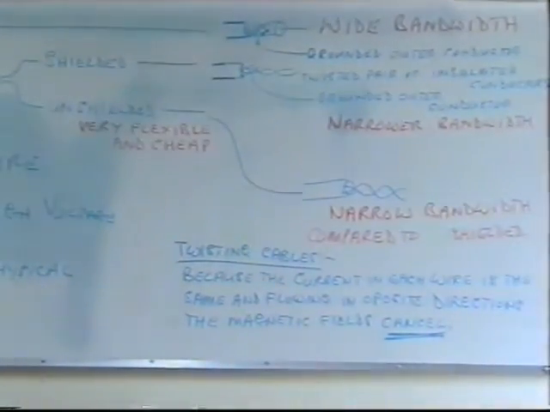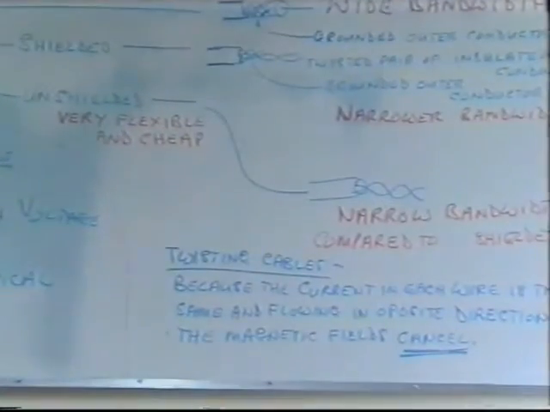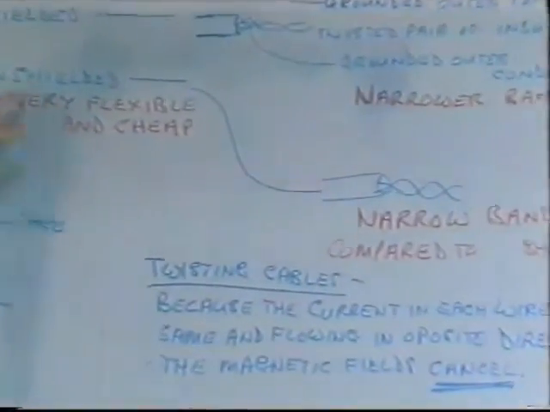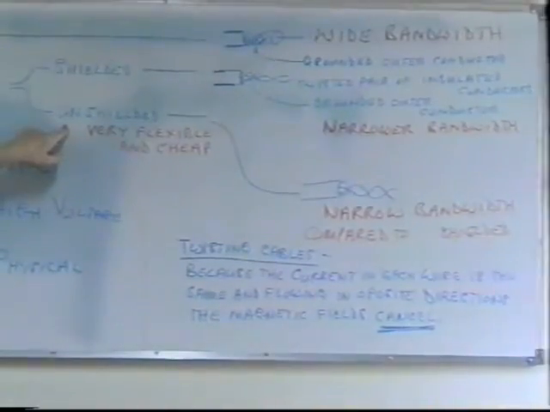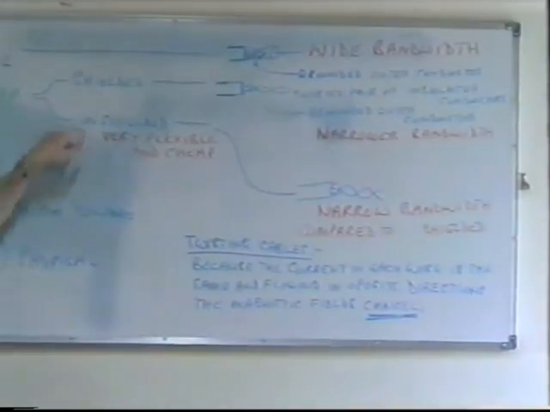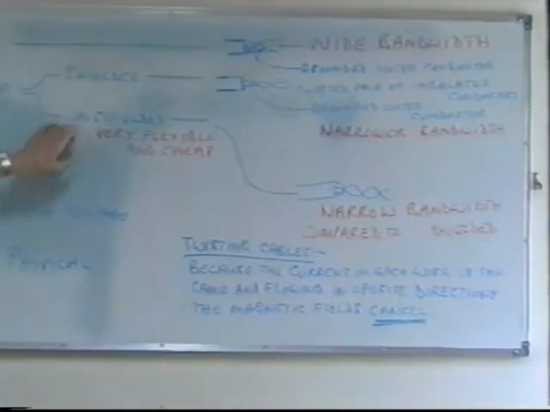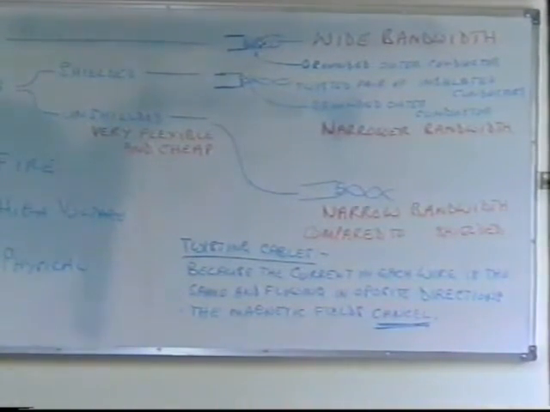Yes, they're both about the same in terms of flexibility. But the unshielded twisted pair is probably the most common you will see. It has the narrowest bandwidth, but it's sufficient for most of the uses we would need it for. The cheapest and the most flexible.